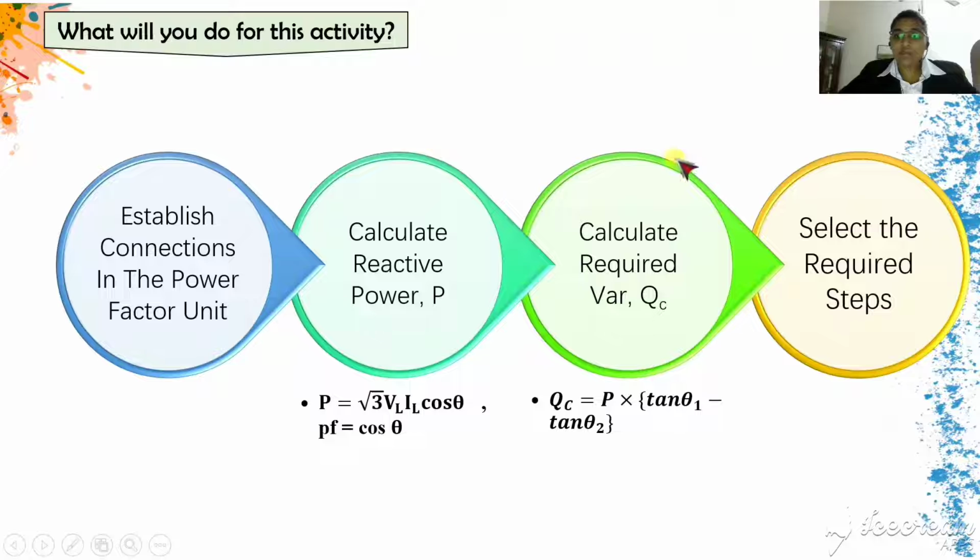Then the required VAR QC, which is the capacitive reactive power compensation, is found using the formula QC equals P times tangent theta 1 minus tangent theta 2, where tangent theta 1 is the tangent of the operating power factor angle minus the tangent of the required power factor angle. The operating power factor is less than 0.95 at each step, while the required power factor was larger than 0.95.